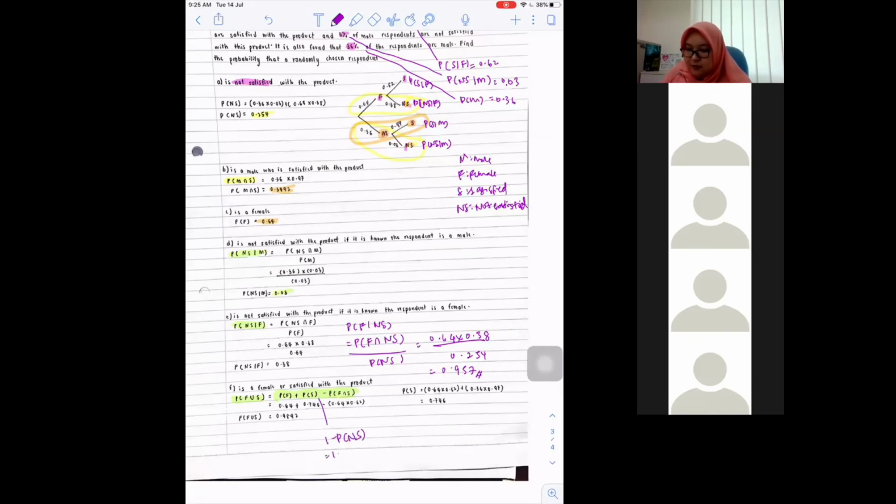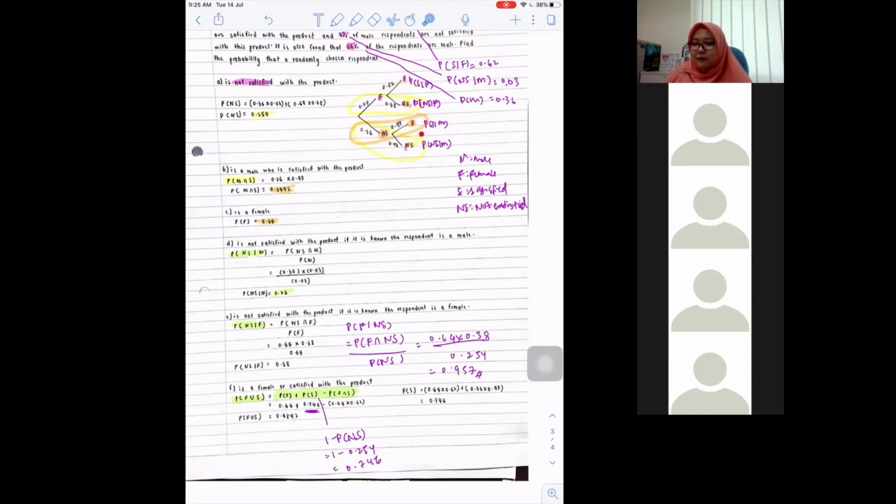Okay, so we already have P(not satisfied) 0.254 from part A. So you can just minus it, and you get P(S). Another way is you just find it from the tree diagram.